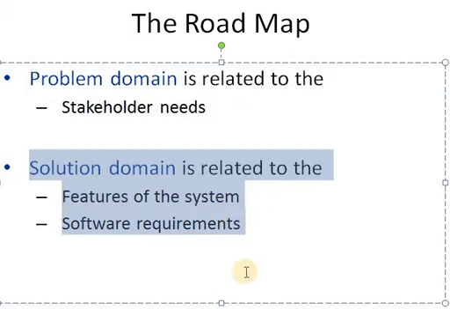Next, we must know what a solution domain is. A solution domain is related to the features of the system and the software requirements. So, first of all, we should know what is the problem, and then we must know what is the solution. Problem is basically those needs of the customer for which we have to build a software system. And solution is basically the developed feature of the system.